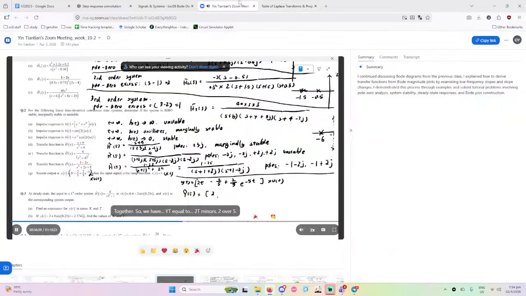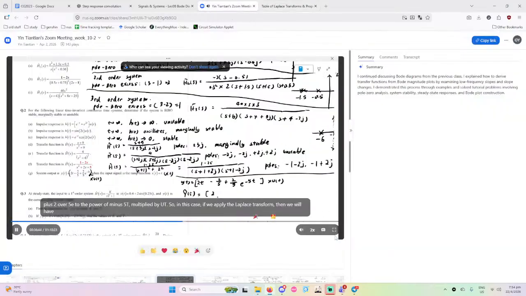2t minus 2 over 5 plus 2 over 5 e to the power of minus 5t multiplied by u(t).